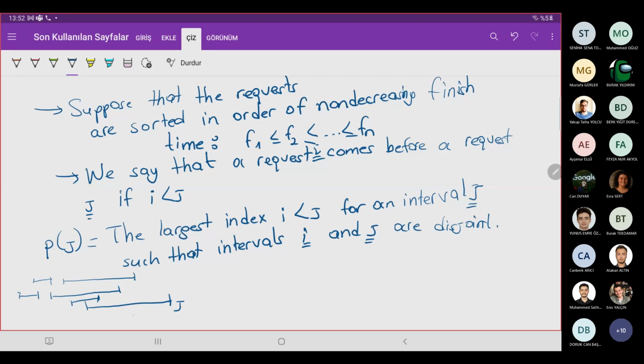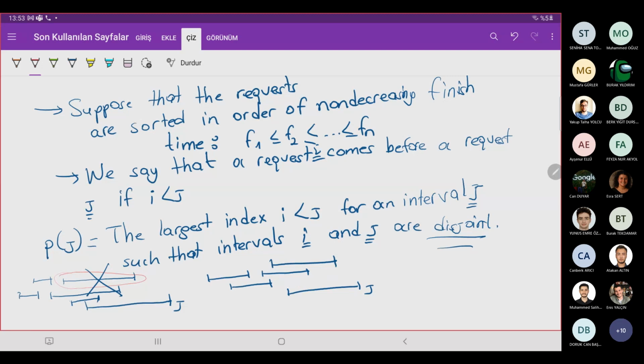For example, here, the one with the latest finishing time that also comes before it. It doesn't have to be the one that overlaps. There might be other ones, okay? But you have to select the ones such that I and J are disjoint.